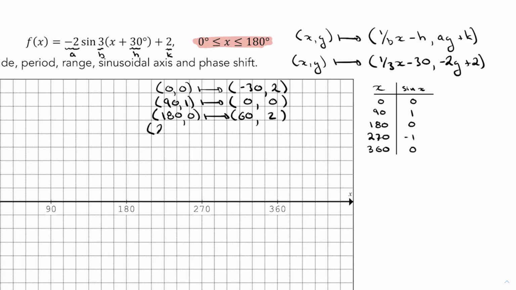And then we have 270, -1 gets mapped to, sorry, -1, my bad, 270, -1. 270 divided by 3, that'll be 90, minus 30, that'll be 60.